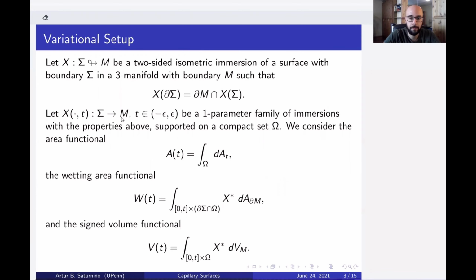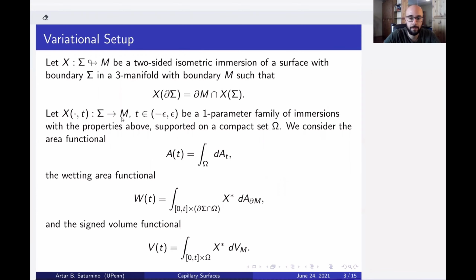So what we're doing is basically counting with multiplicity the number of negative eigenvalues of the operator Q in this space.